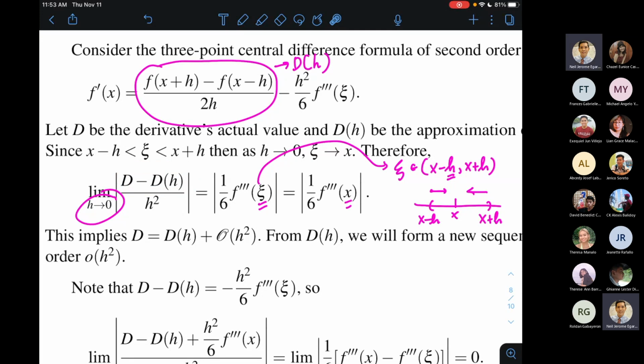So the idea is, I already know that D minus D of h, when we simplify, is negative h squared f triple prime of c.